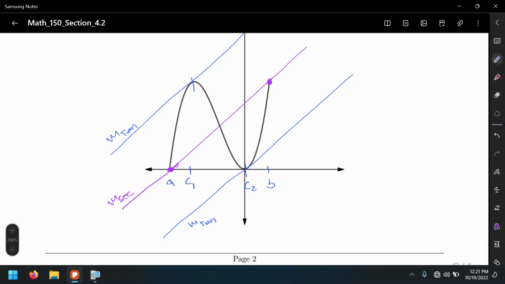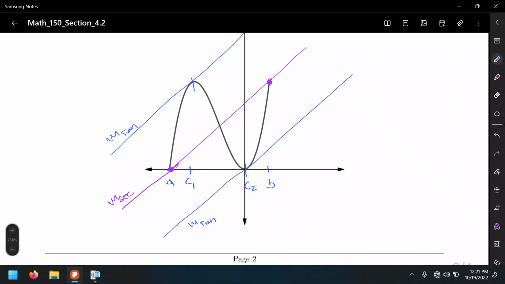So that's the picture. So that's what the mean value theorem says. It's an intermediate value, a value between A and B, not necessarily in the middle, but it could be in the middle, for which the slope of the secant is the same slope as that of the tangent.